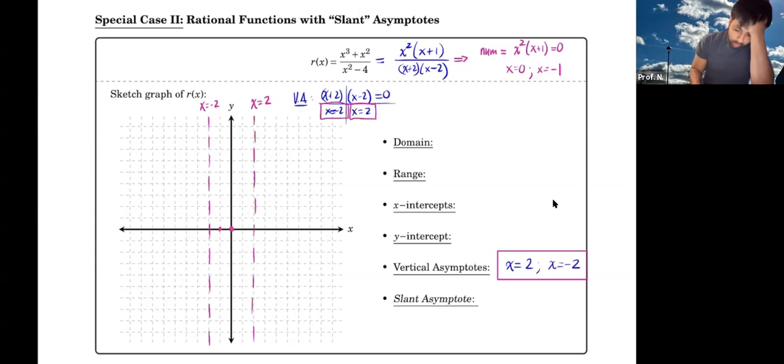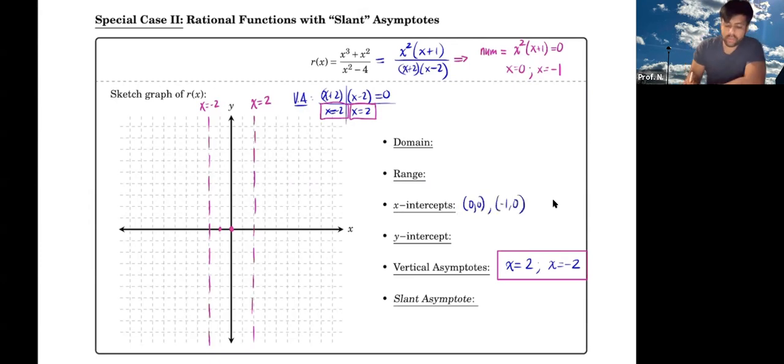So we have these two points, with asymptotes at x equals -2 and +2. So here we have (0, 0) and (-1, 0). I should write this in blue. (0, 0) and (-1, 0).